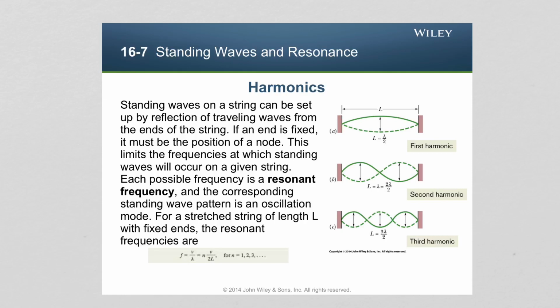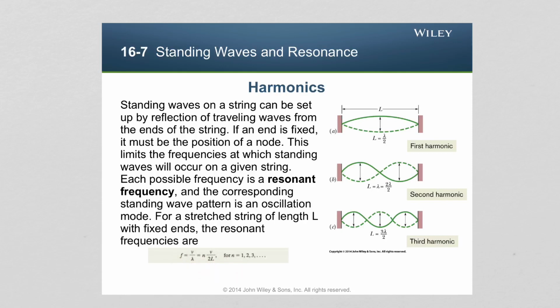But for now, here's an example of 3 different waves with 3 different resonant frequencies that are generated on a string that's fixed at both ends. So this first example is the example of the first harmonic. Then we have the second harmonic, and then we have the third harmonic. And so the general expression for the resonant frequencies in the series of harmonics that can be generated on a string that's fixed at both ends is given by this relationship here.